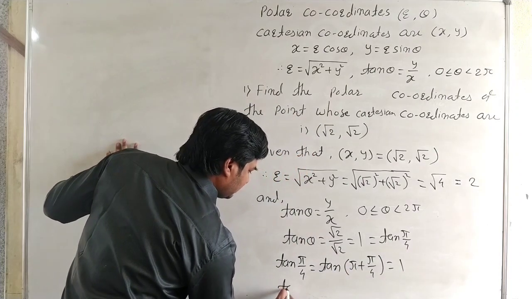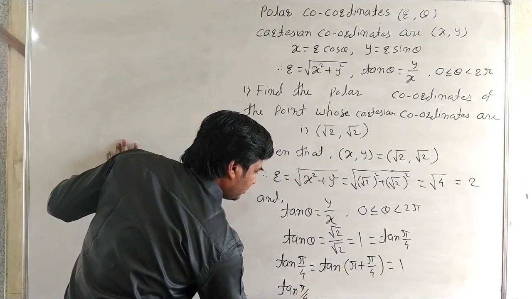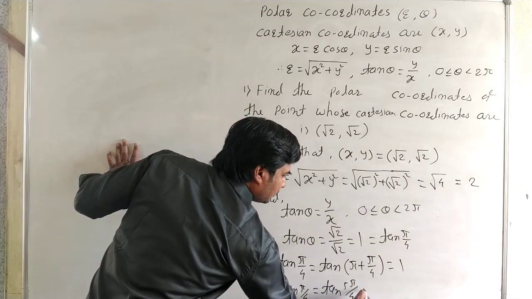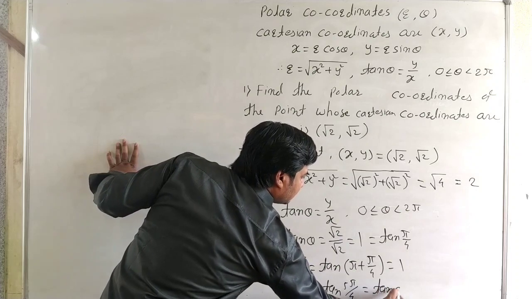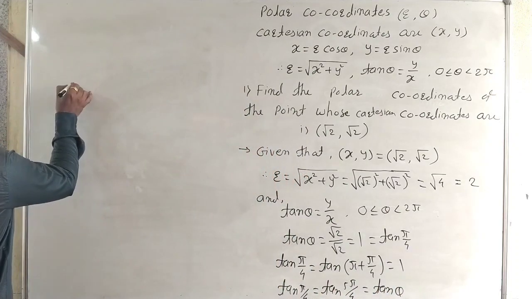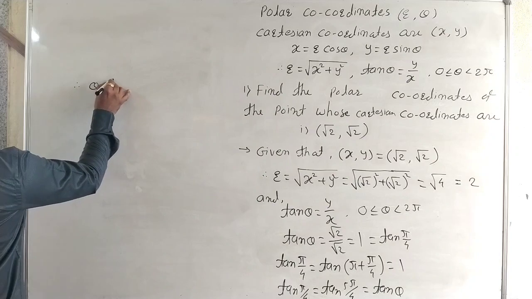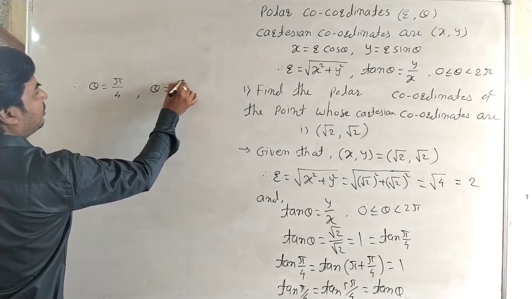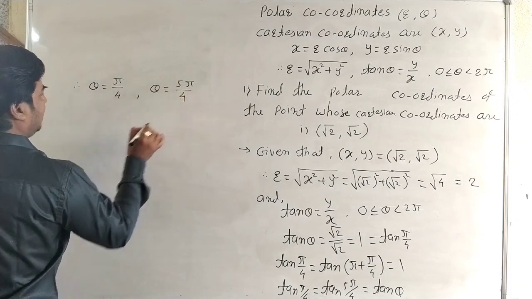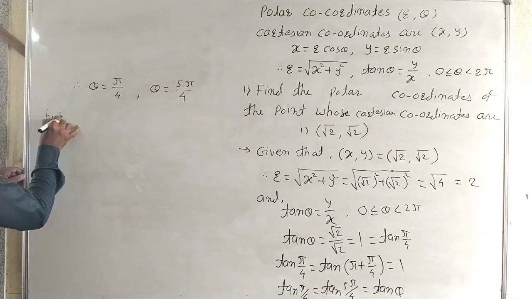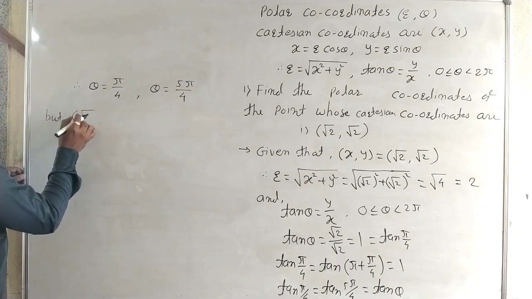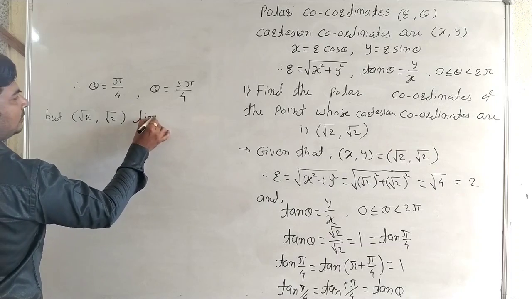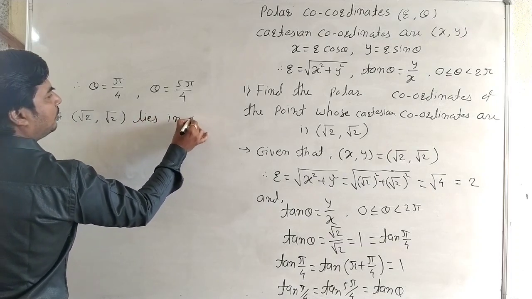So tan pi by 4 is equal to tan 5 pi by 4 is equal to tan theta, and then theta is equal to pi by 4 and theta is equal to 5 pi by 4. But our given point root 2 comma root 2 lies in the first quadrant.